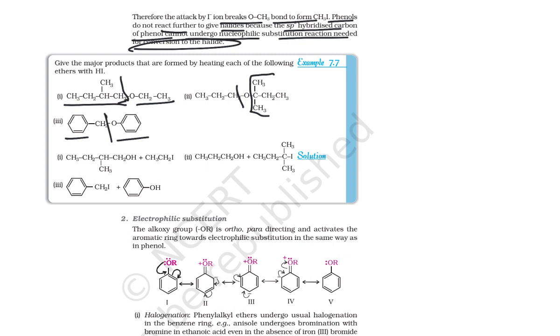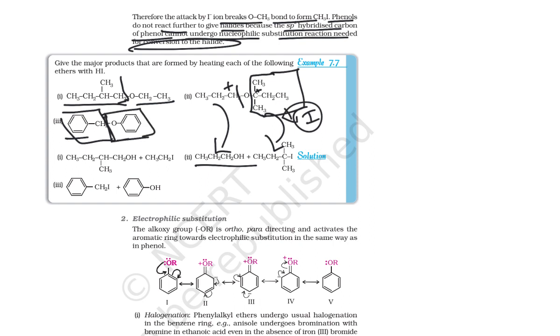So here the tertiary carbocation is more stable compared to the primary. This carbocation joins with I to form the tertiary alkyl halide, and this joins with hydrogen to form the alcohol. In the case of this one, we know that the benzyl carbocation and the phenoxide ion or phenyl carbocation.